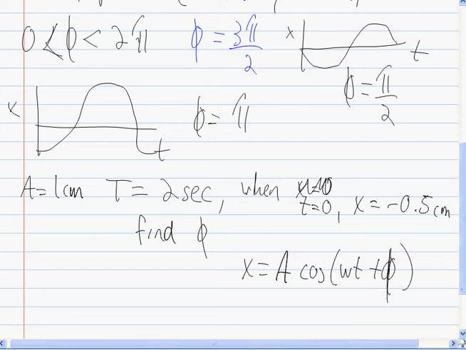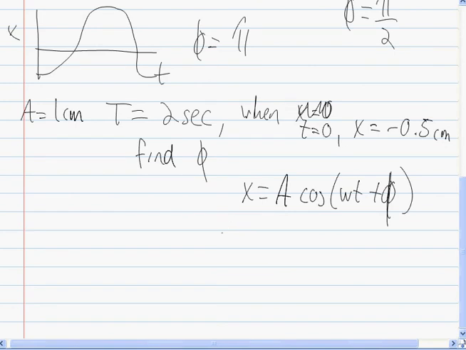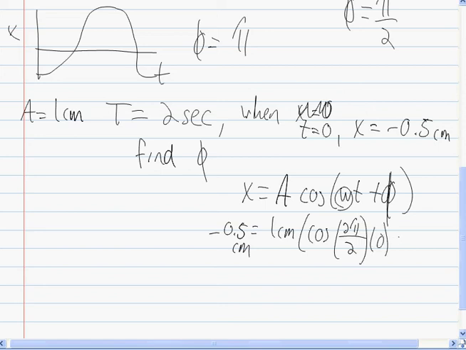So let's put stuff in. We know that this is negative 0.5 equals 1 centimeter, this is centimeters also, times the cosine of this, which is 2 pi over T, which is 2, times 0 plus phi.